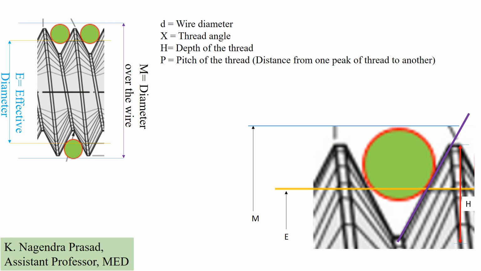Here small d is the wire diameter, capital X is the thread angle, H is the depth of the thread, which is the distance from crest to root, and P is the pitch of the thread, which is the distance from one crest to another crest.